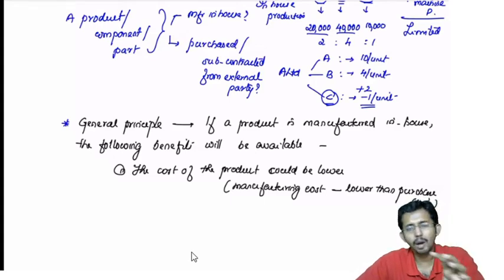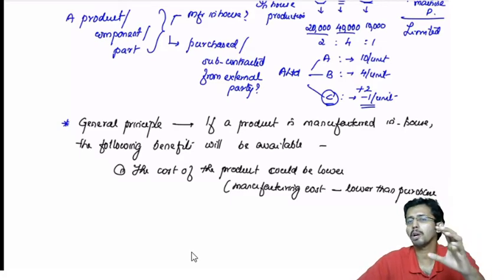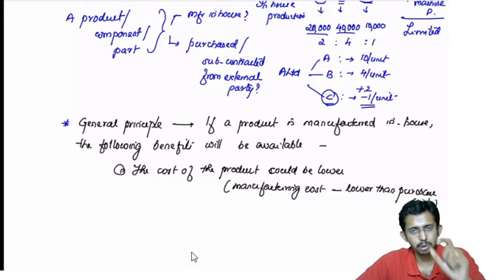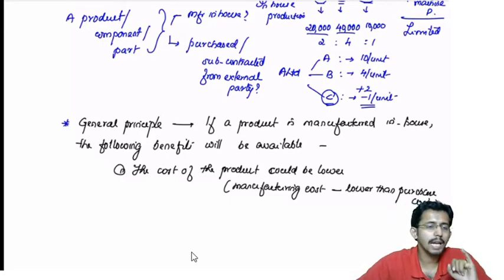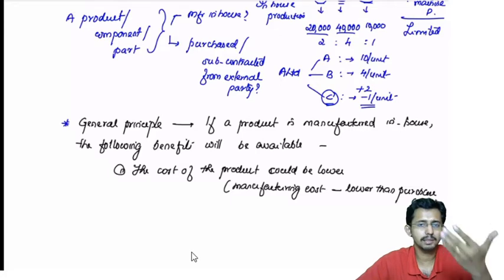So in the majority of cases, if you know how to manufacture a product and you have the requirement for sufficient quantities of the product, in most cases the cost of manufacturing will be lower than the purchase price. Is it clear? So that would be one reason why everybody will be looking for manufacturing the key components or the majority of the components in-house rather than purchasing them from outside.